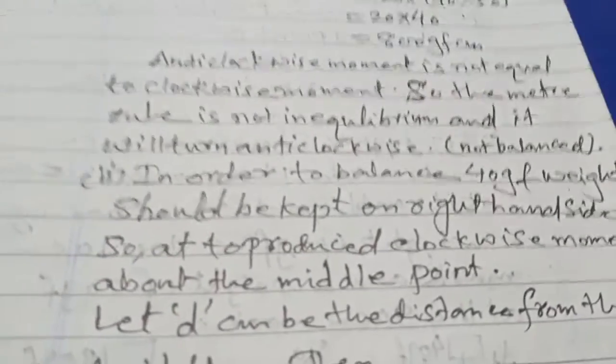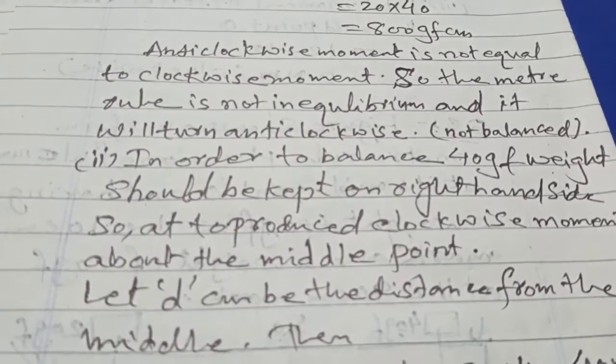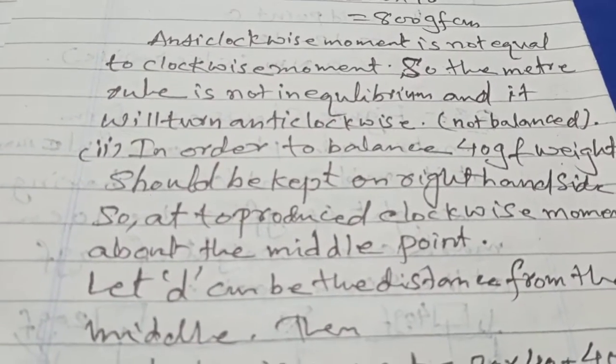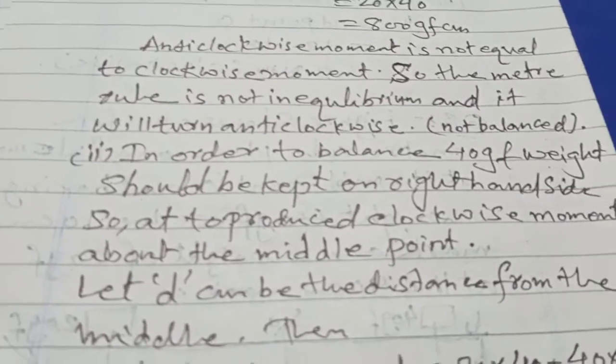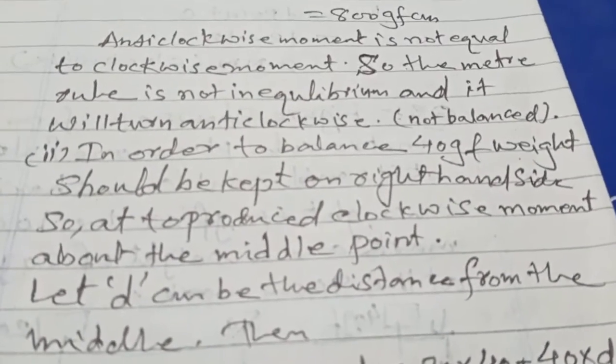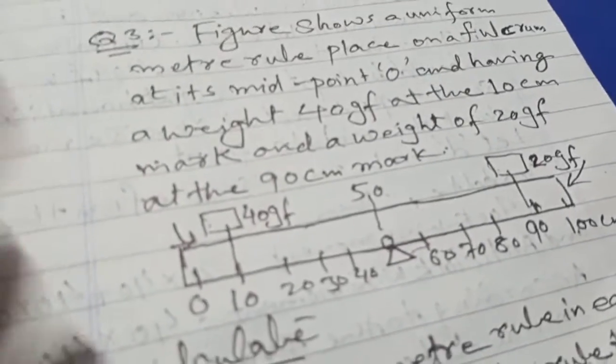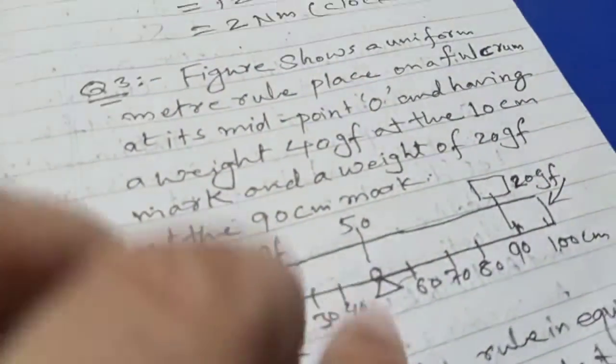The 40 gf weight added to balance the meter rule should be kept on the right hand side. Why the right hand side? Because the weight on the right hand side is less than the left hand side. 20 gf is less than 40 gf. So add the 40 gf on the right hand side.